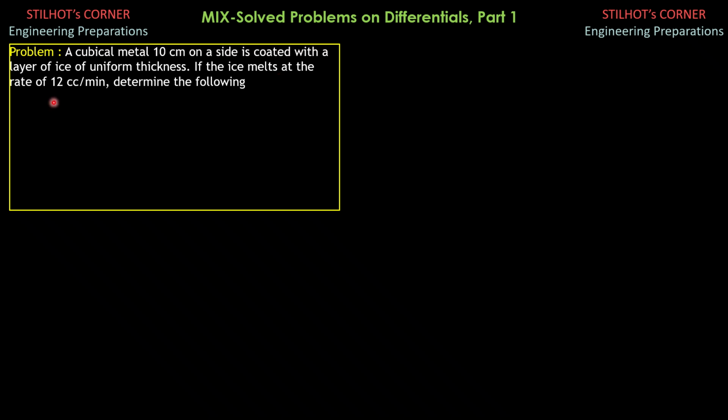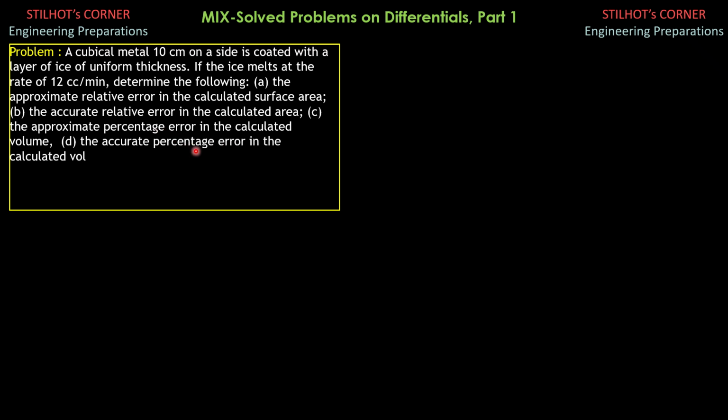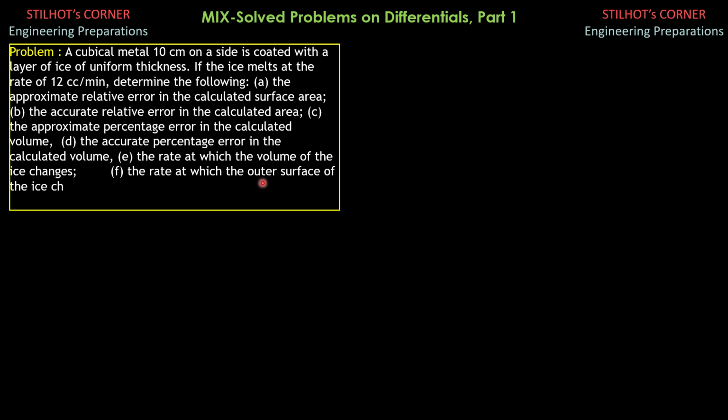If the ice melts at the rate of 12 cubic centimeters per minute, determine the following: A, the approximate relative error in the calculated surface area; B, the accurate relative error in the calculated area; C, the approximate percentage error in the calculated volume; D, the accurate percentage error in the calculated volume; E, the rate at which the volume of the ice changes; and F, the rate at which the outer surface area of the ice changes. Calculate the above when the ice is 0.15 centimeters thick.